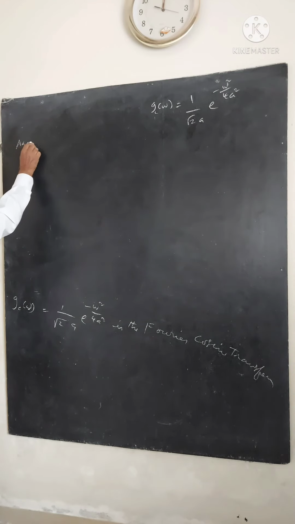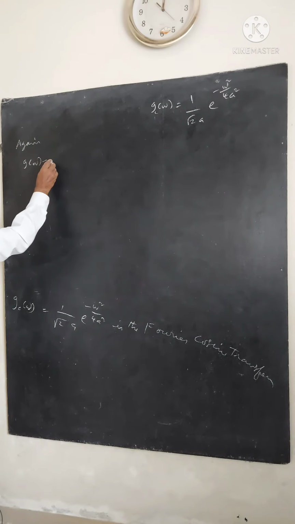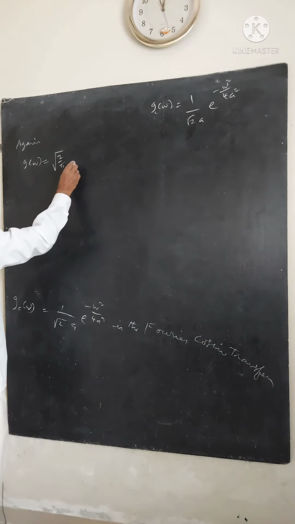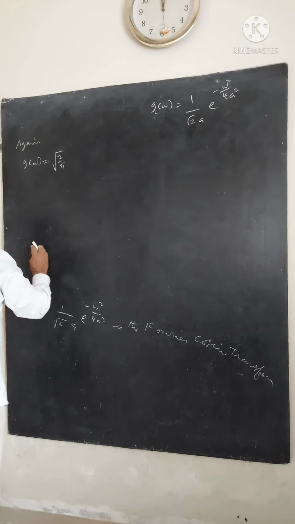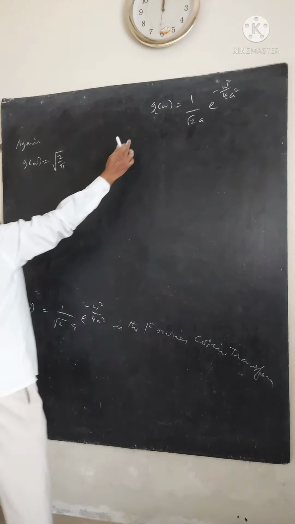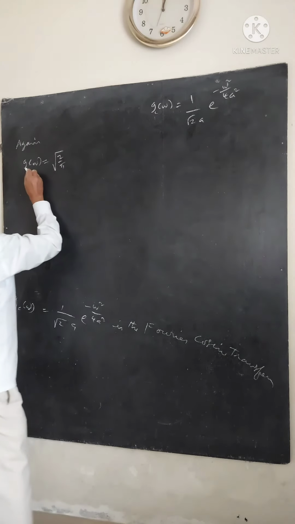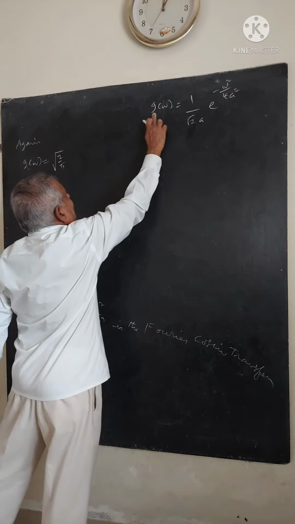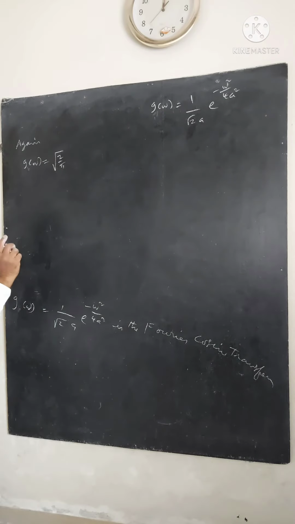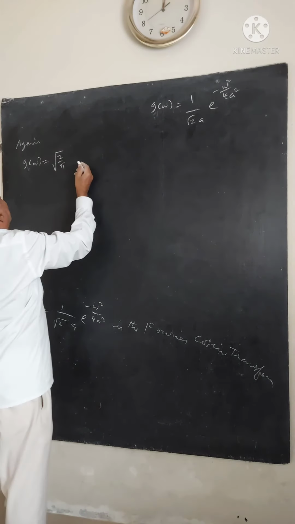Again, we know from the beginning g omega equal to root of 2 by pi. GC, can write C or not C there, not necessary. This is nothing but Fourier cosine transform.